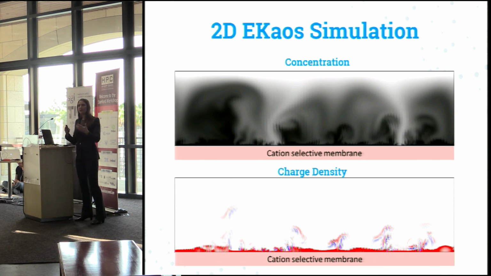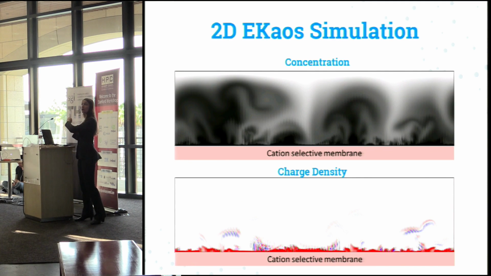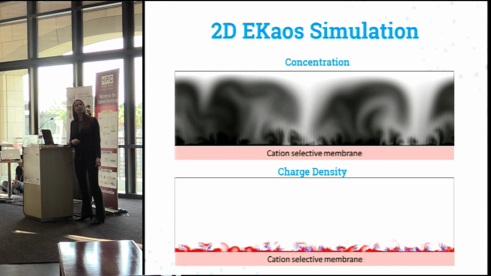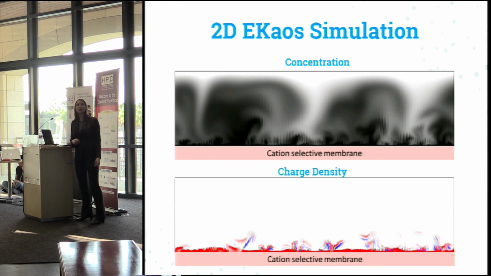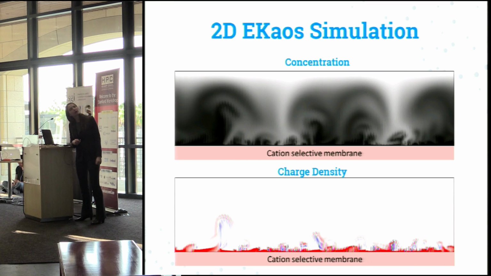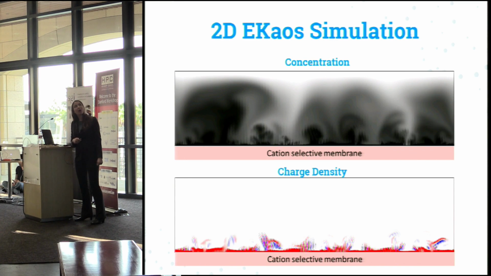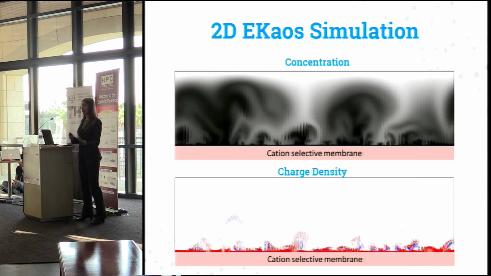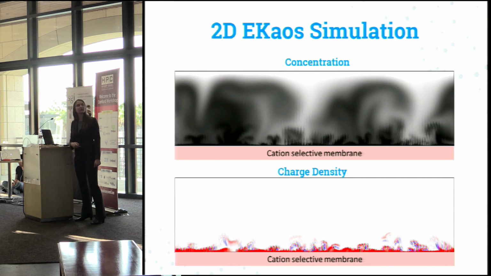So before you even have introduced any more complications of actually having the fluid move through one of these ion channels, we can see that just by applying an electric field across this system, we already have chaotic fluid motion that's generated and affecting how these large-scale structures that are bringing in high concentration fluid to the membrane surface are then affected by these smaller scale vortices that can basically help or inhibit salt moving through that surface.